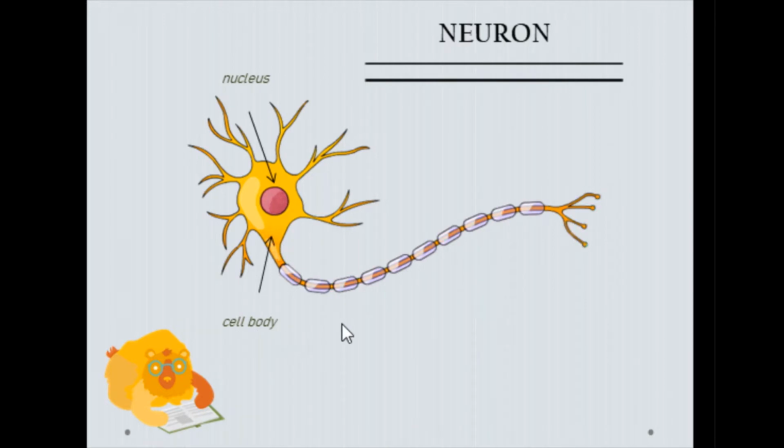Doing good. Next one. How about these spikies over here? This is called, good job, dendrites.